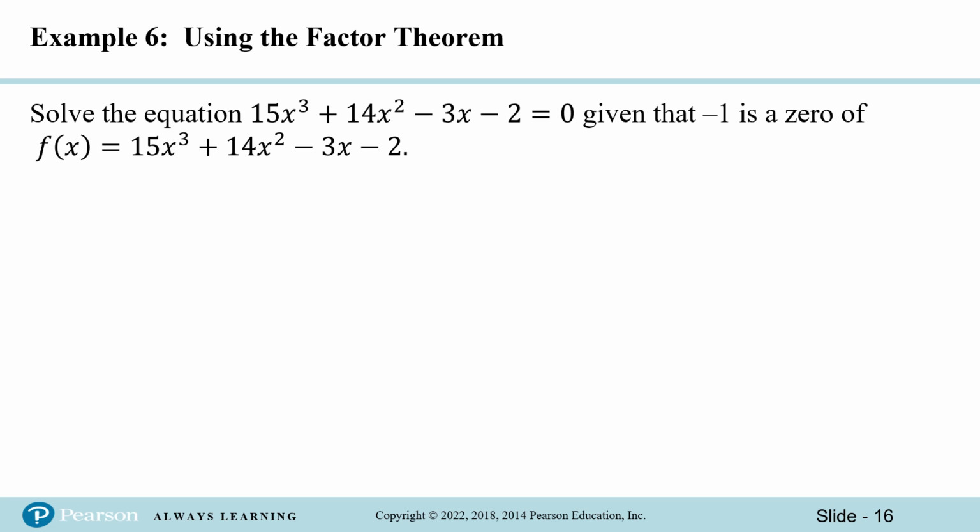We need to solve the equation 15x cubed plus 14x squared minus 3x minus 2 equals 0, given that negative 1 is a 0 of f of x equals 15x cubed plus 14x squared minus 3x minus 2. Well, how does that help us?